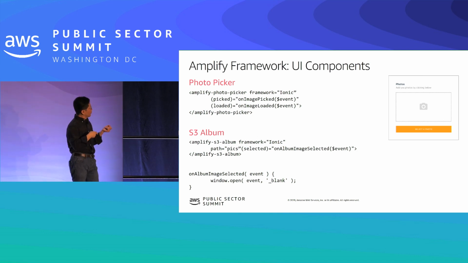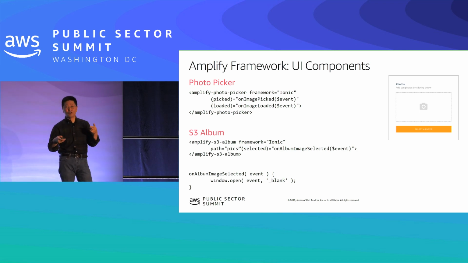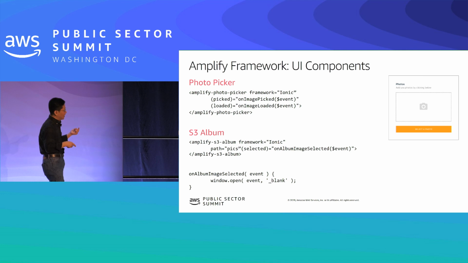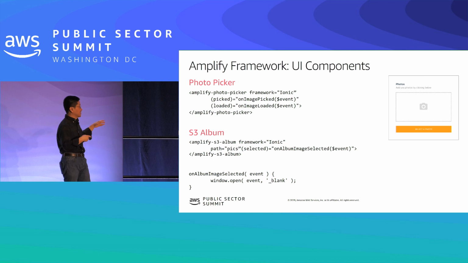So with a few lines of this code, you can have this beautiful photo picker. Then you can click and upload photos from your local laptop or desktop. And when you have them, you can have the album list all the pictures available, for example, in your S3 bucket. We also give you a callback based upon the events.